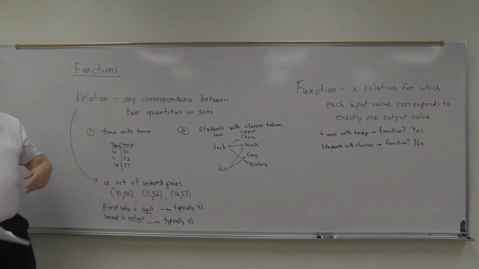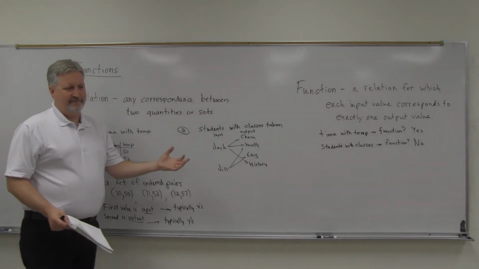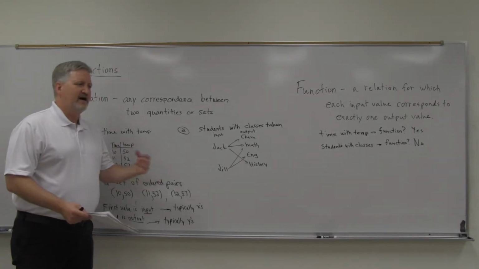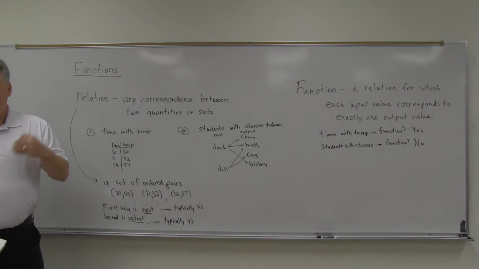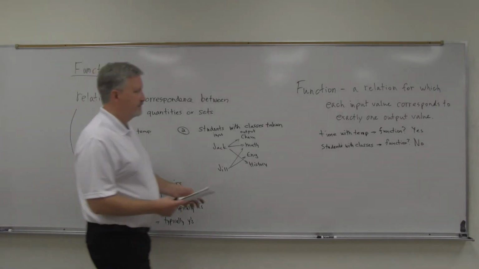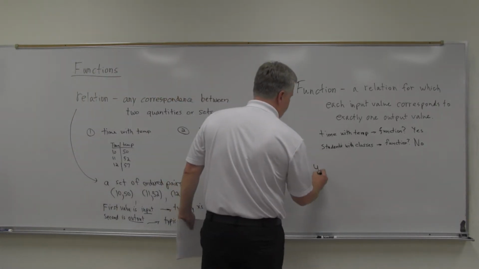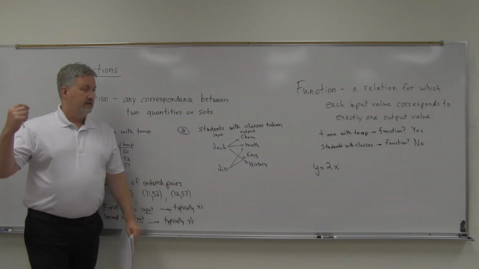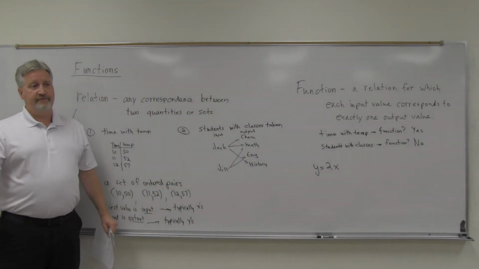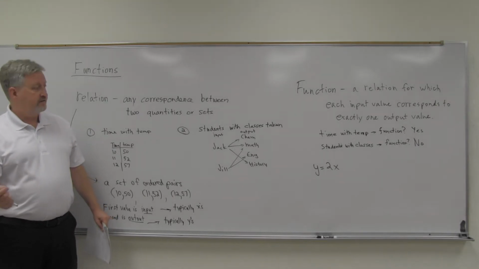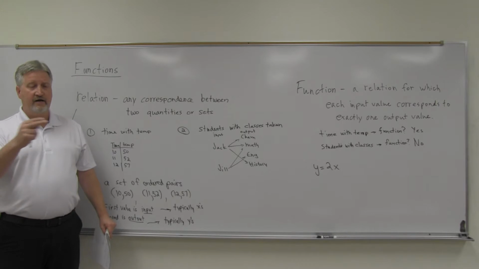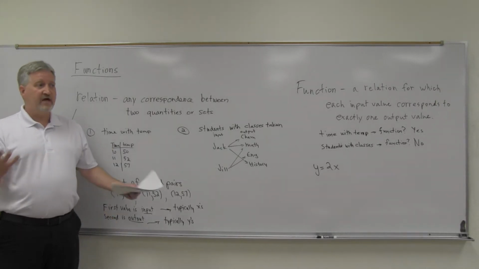Okay, now, of course, we're more interested in the number side of these things, the equation side. So we can represent relations by equations. y equals 2x, that would describe a relationship between x and y, right? If I put in x is 1, I get out y is 2. If I put in x is 3, I get out y is 6. So that's a relation.